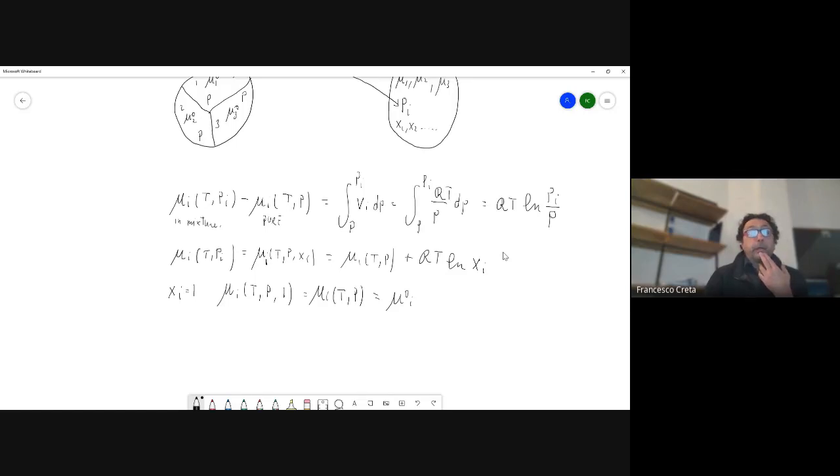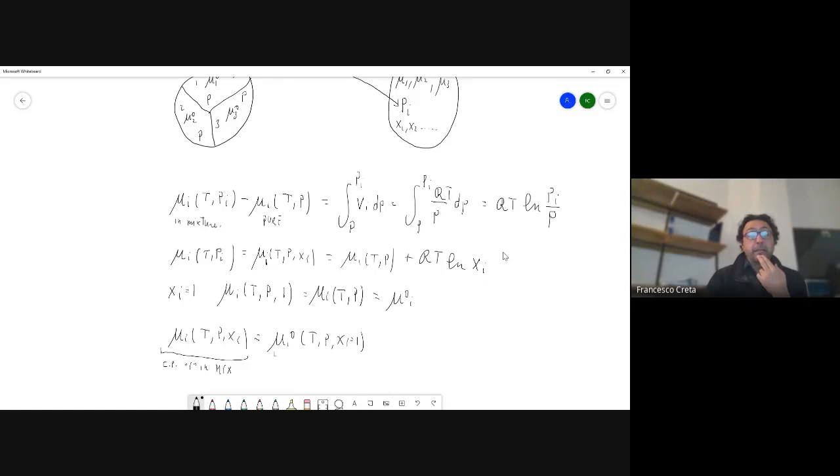So, I mean, we can rewrite it in as many ways as you want. So the chemical potential at T, P, and xi, the chemical potential of I in the mixture, equals mu I 0 of T, P, and clearly xi equals 1.